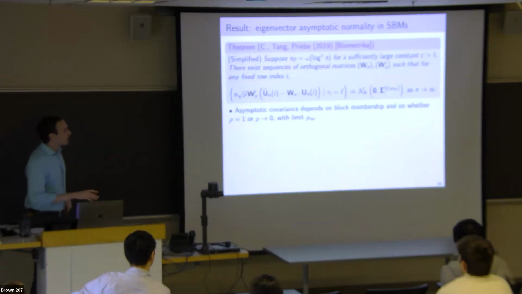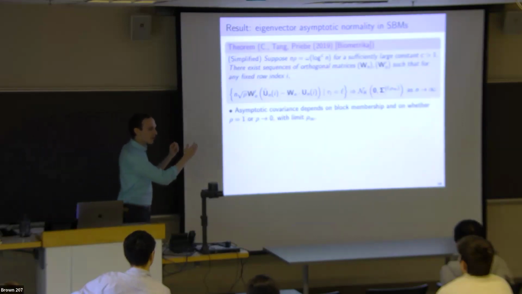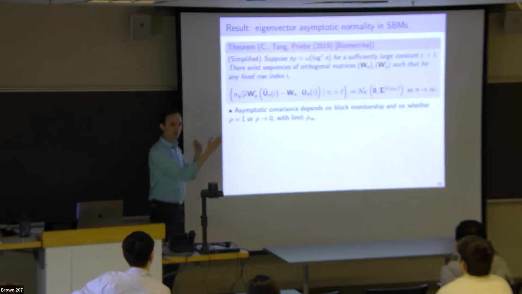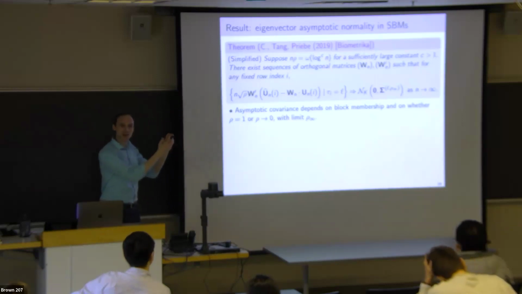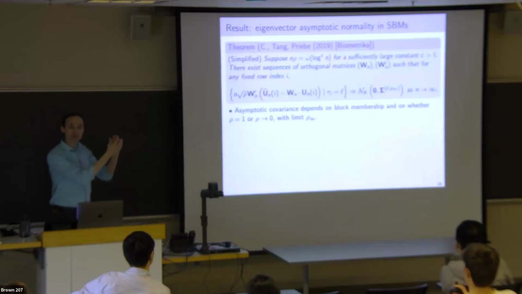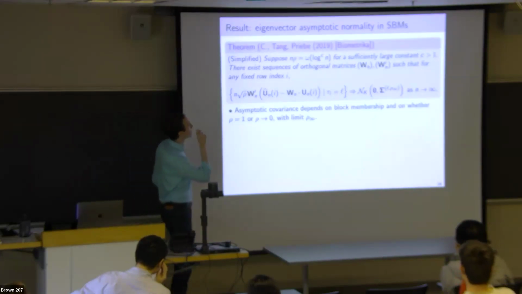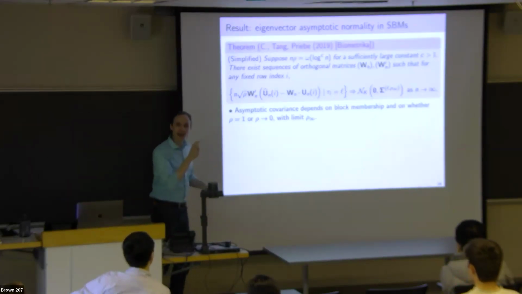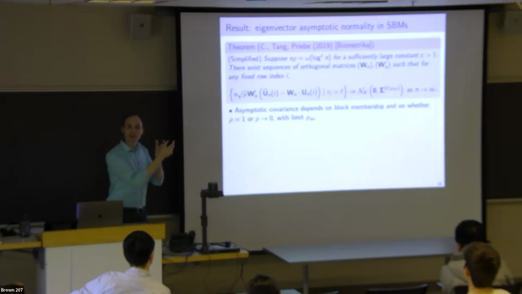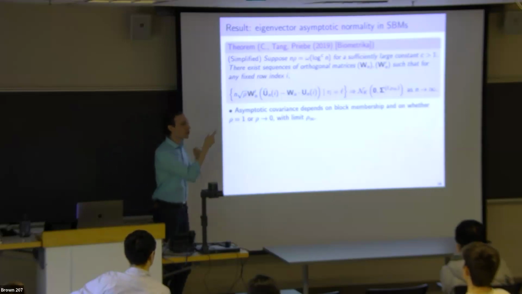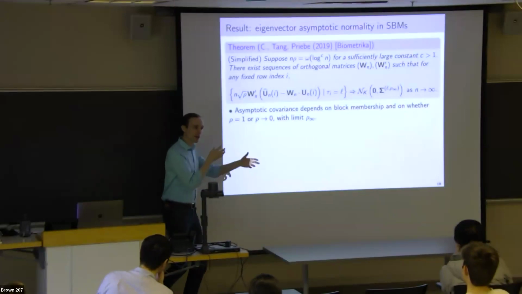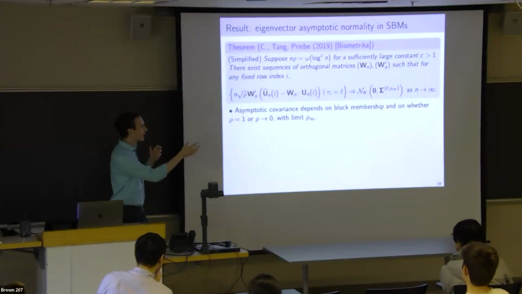Okay, so that was a result for consistency or deviation, right? How close are the sample eigenvectors to the population eigenvectors? This is a statement about asymptotic normality for that difference. So now fix, say, the first node in your graph, and think about a sequence of graphs from a stochastic block model.